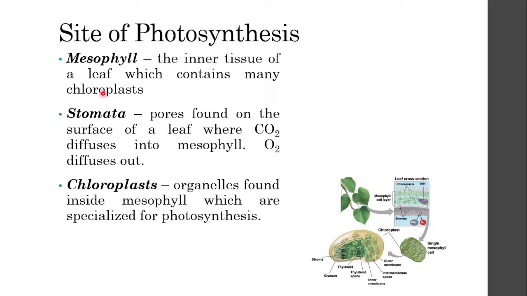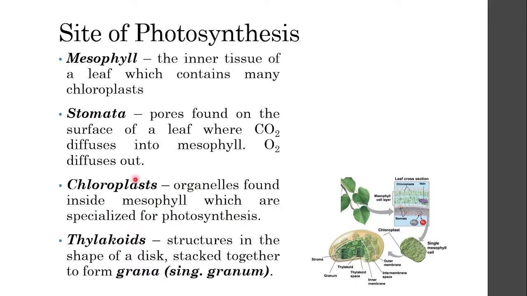Next, inside the chloroplast, you will find the organelles called the thylakoids. Chloroplasts, you will find them in mesophyll, and chloroplasts are important cells because they are photosynthetic. These are the specialized cells.